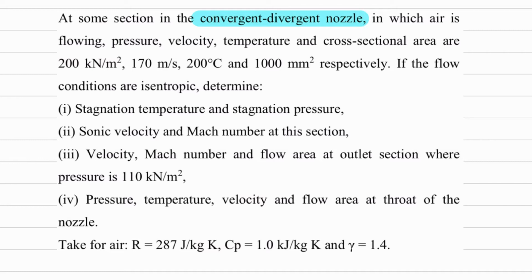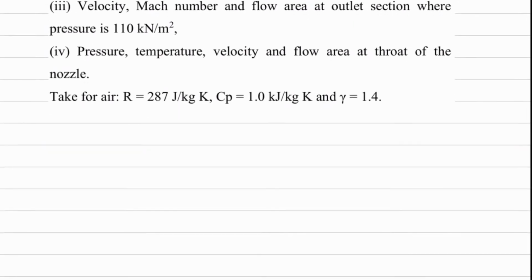Finally at exit. So I'll draw a nozzle over here. This will be the first part, the converging part. Then center part is throat and then there will be diverging part. Now whatever properties are there, the flow will be from left to right.